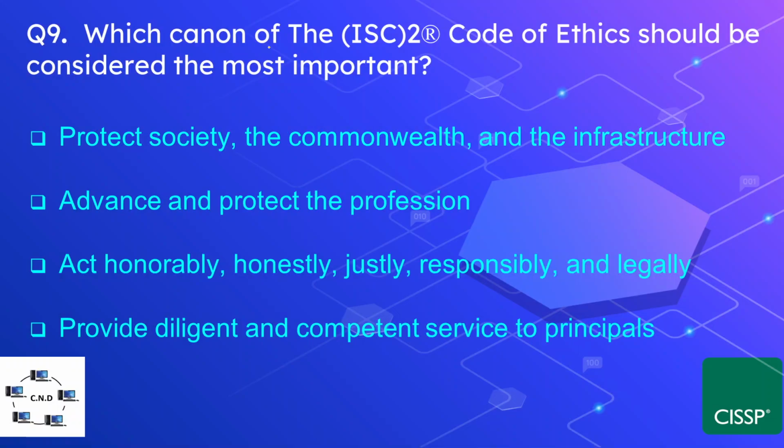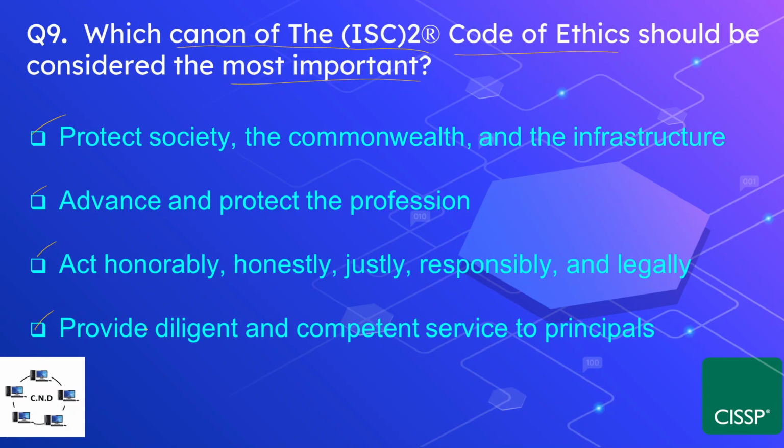The next question is: which canon of the (ISC)² Code of Ethics should be considered the most important? These are all actually canons of the (ISC)² Code of Ethics, and we have to choose the most important. Number 1 is protect society, the commonwealth, and the infrastructure. Number 2 is advance and protect the profession. Number 3 is act honorably, honestly, justly, responsibly, and legally.